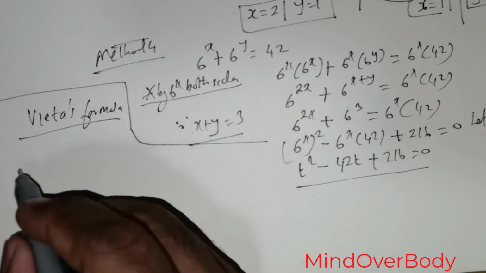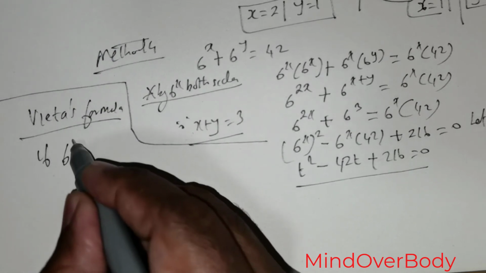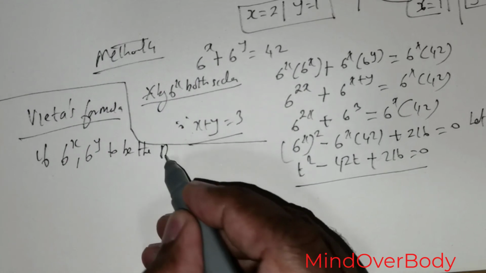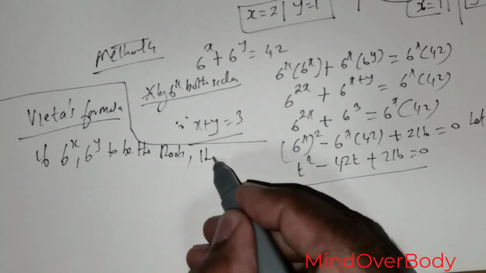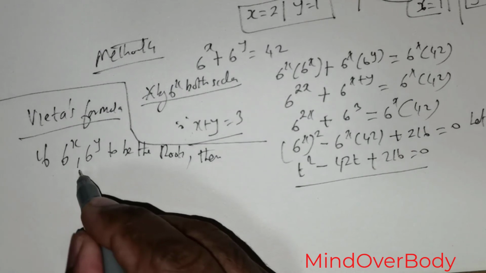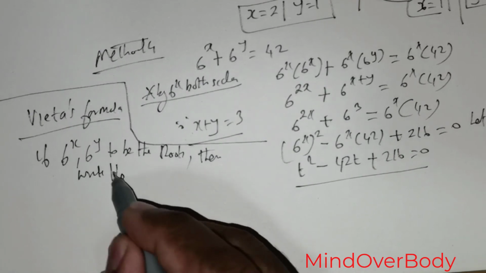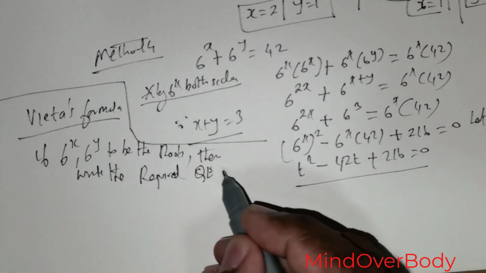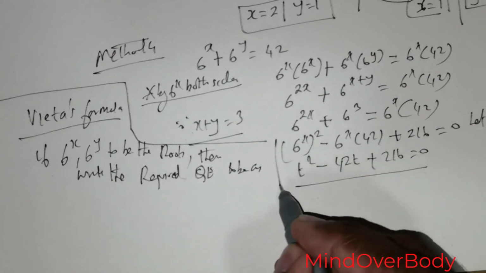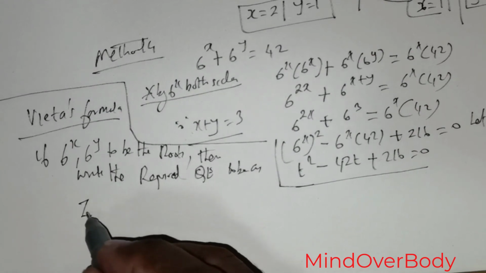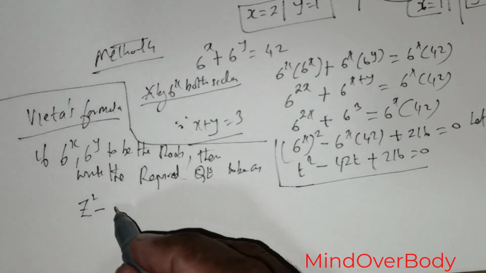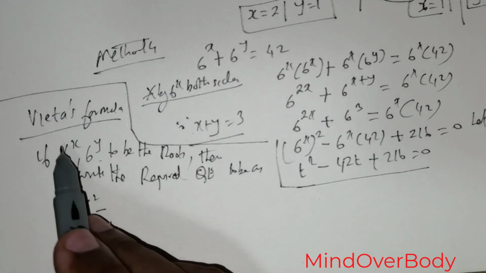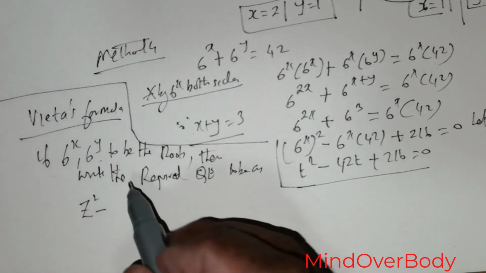Now according to this formula, if I have 6 raised to the power x and 6 raised to the power y to be the roots, then I can write the required quadratic equation as z squared minus. Now there are two important concepts introduced by Vieta. So one is the sum of the roots and the other is the product of the roots.